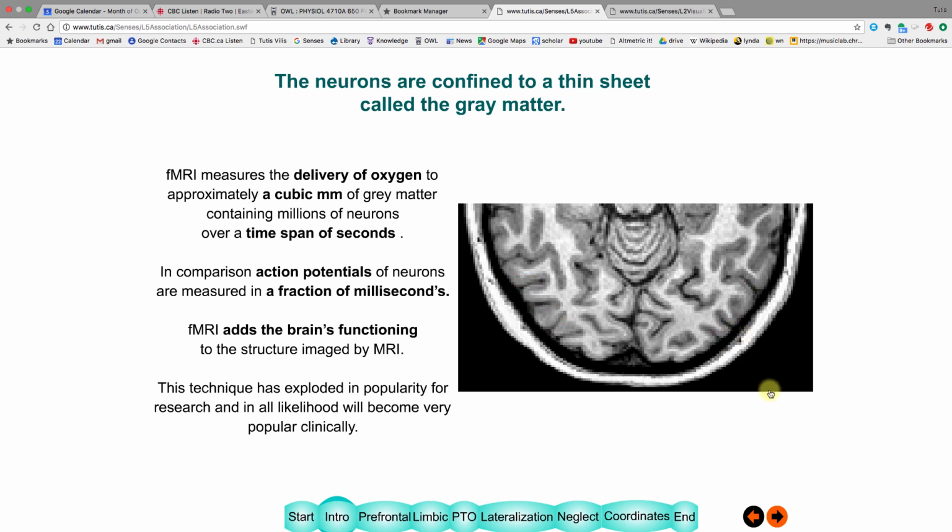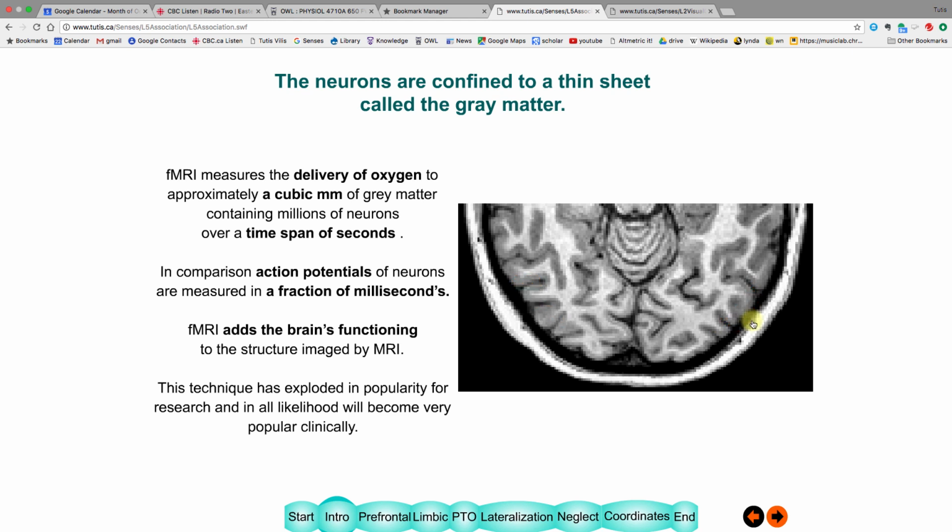And this technique is now being used clinically to determine what damage has occurred to the brain. Previously, we could just look at the brain and see its structure. We can see whether there's some sort of disease process or tumor in a place.